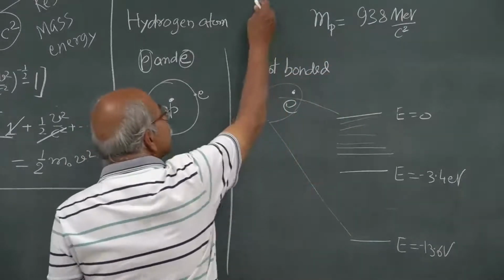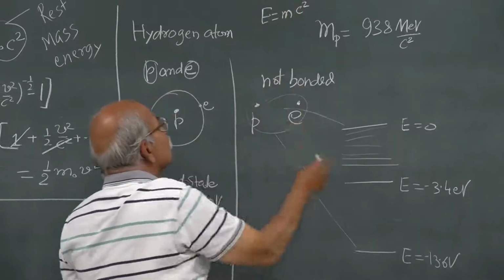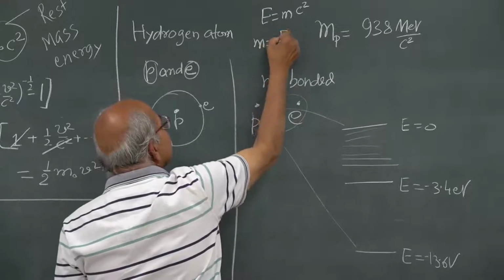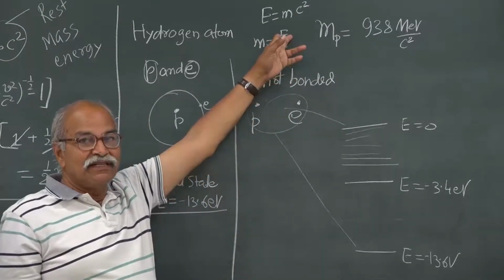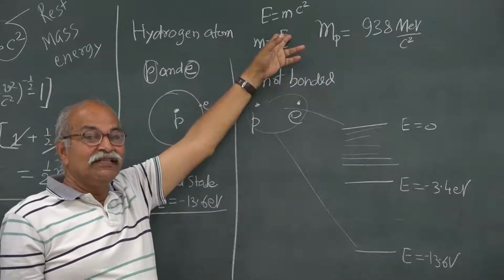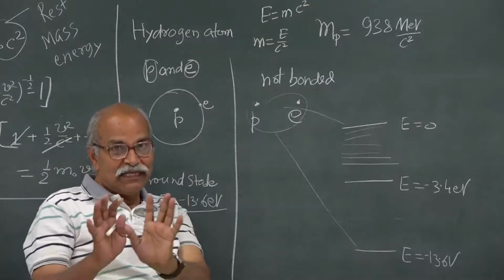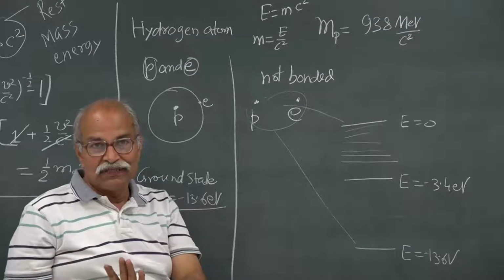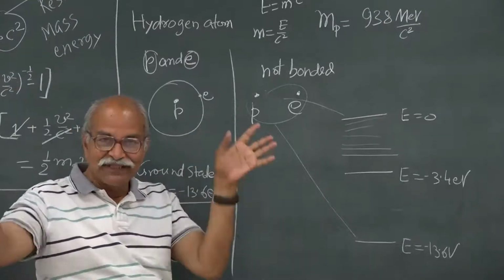You know, energy is mc square. So m is E by c square, and one unit of energy is the electron volt. The SI unit is joule, but then you also talk of electron volt. You know how many electron volts will make 1 joule, or how many joules will make 1 electron volt, that conversion you know.